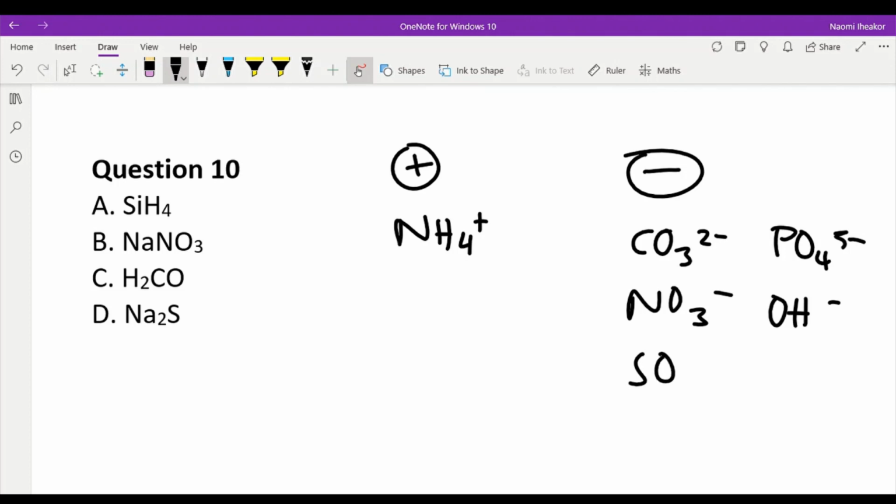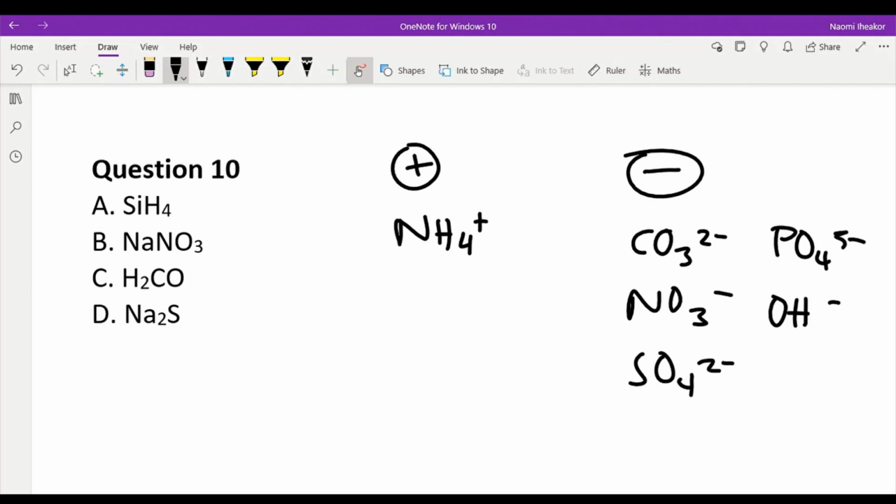So these are some polyatomic ions we should have memorized. So anything that contains any of these compounds is going to have a covalent bond and also an ionic bond. So let's have a look.